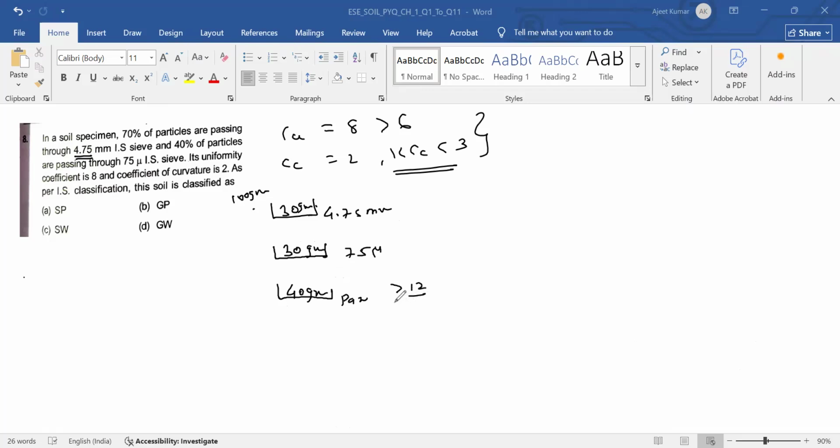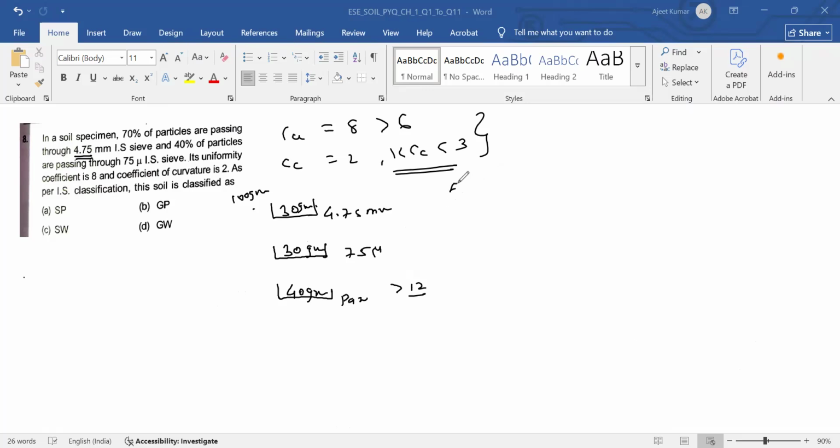So the name of the soil will have two characters, a dual character. So the answer is not matching from this. So first, what will be the answer?